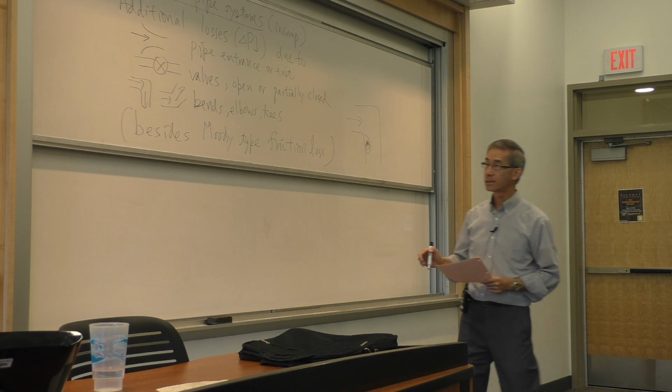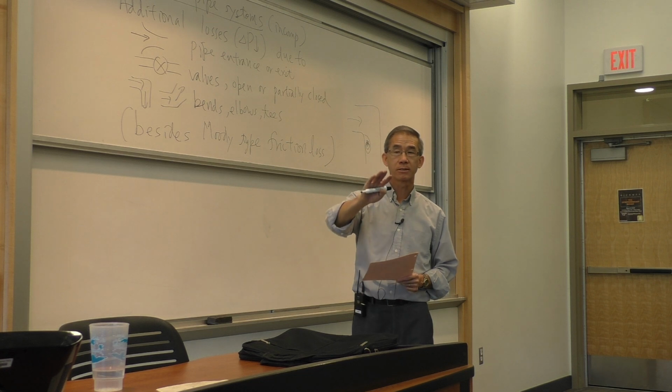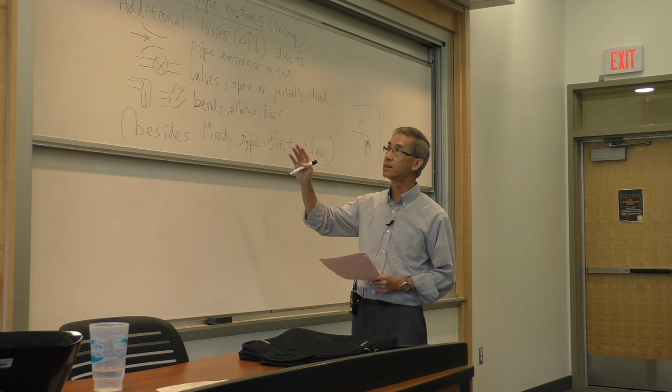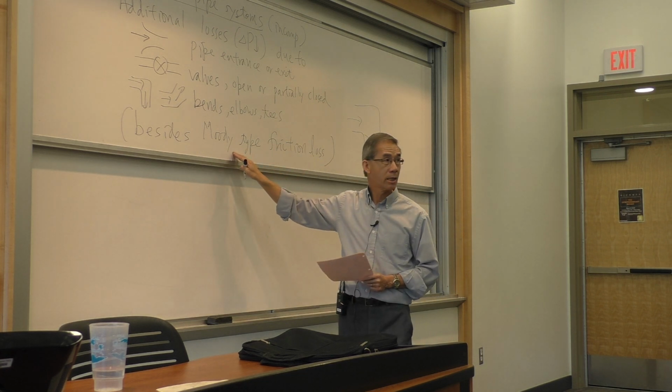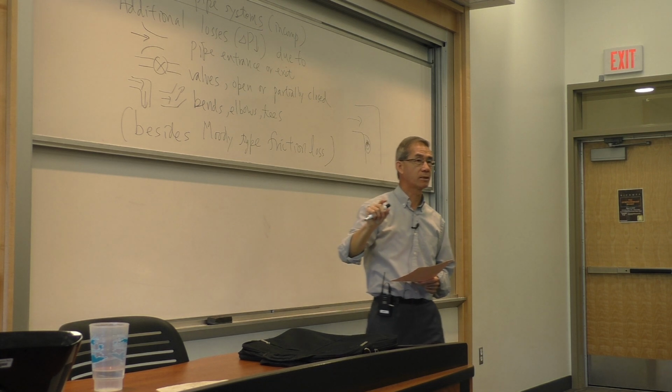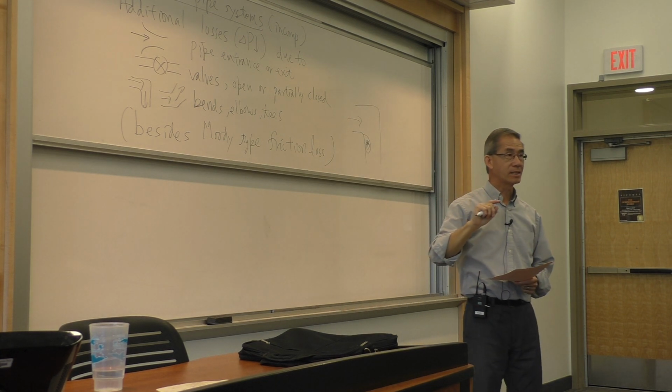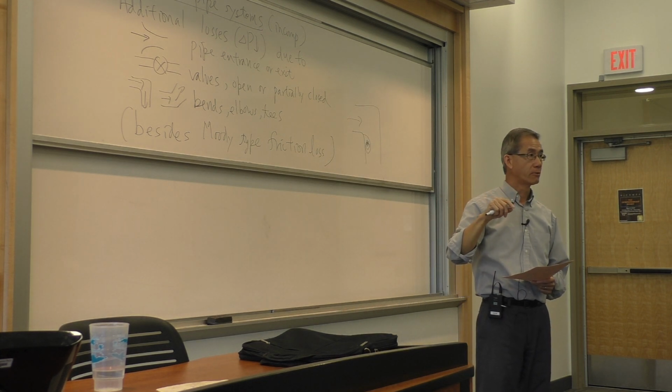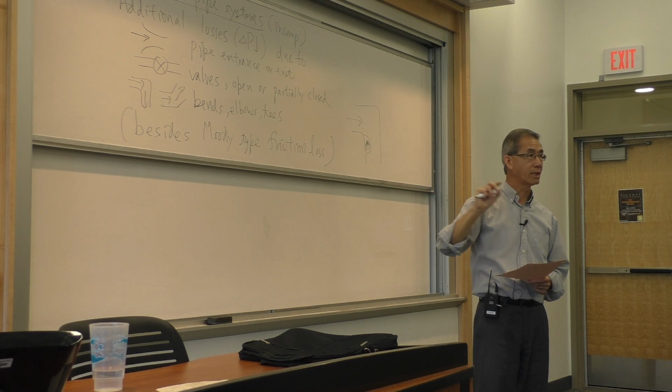The word minor is actually very deceiving. So first, to answer your question, when I say minor, it is anything but Moody diagram losses. The Moody diagram is specifically just like the homework you have done, where you're trying to estimate the friction factor for that water pipe problem. We'll go over that again.